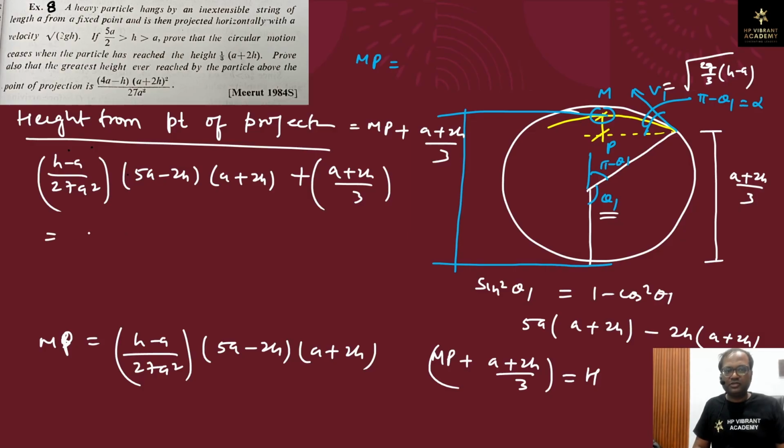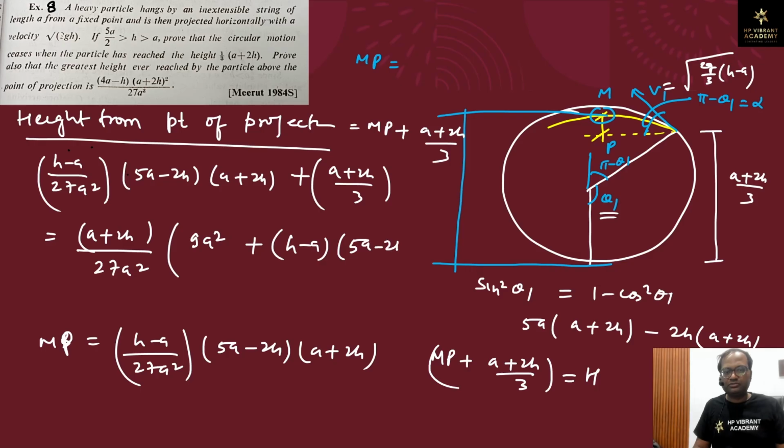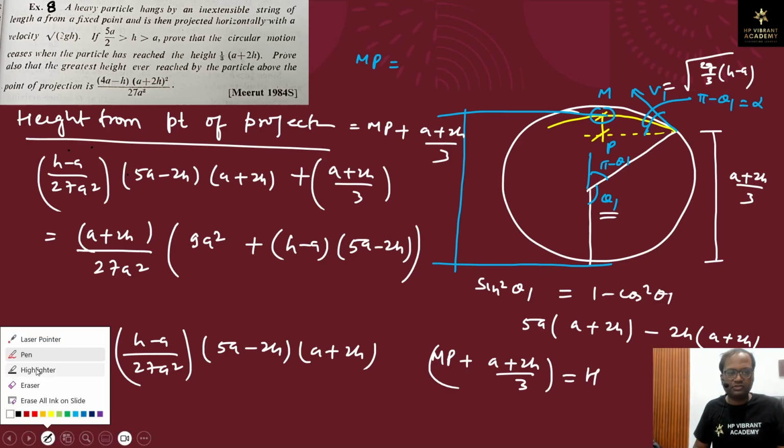Let us take (a plus 2h) common, upon 27a square, and take this also common: 9a square plus (h minus a) into (5a minus 2h). And this will be (a plus 2h) upon 3. So let us do the simplification.